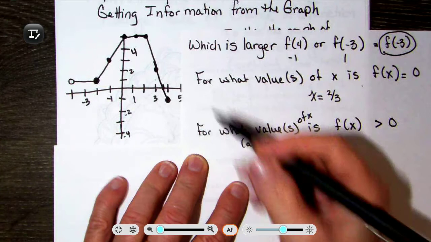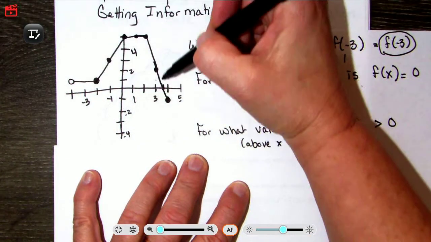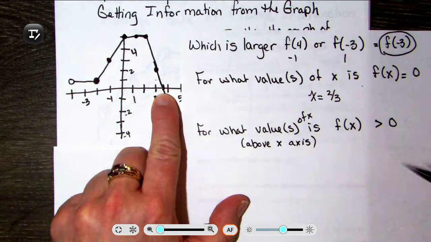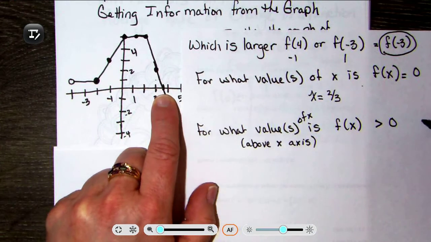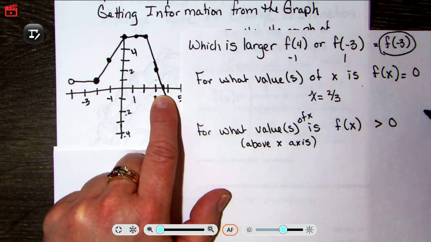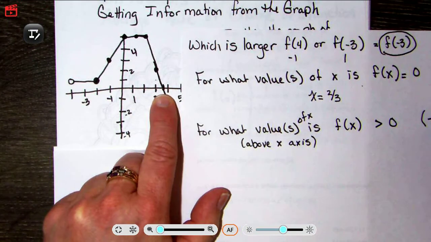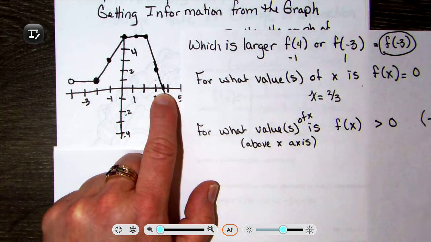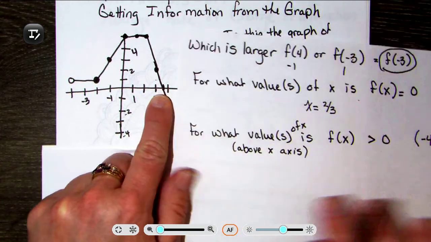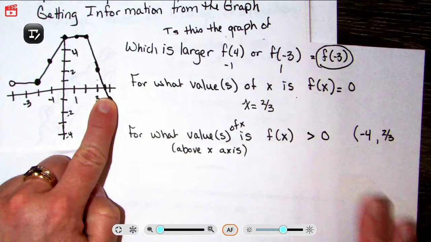And that happened for all of these x values until I hit that 2/3. So if I write this in interval notation, it would be from -4, not including -4 because we have an open hole there, until we get to that 2/3. And the question now is, do we include that 2/3 or don't we include the 2/3?